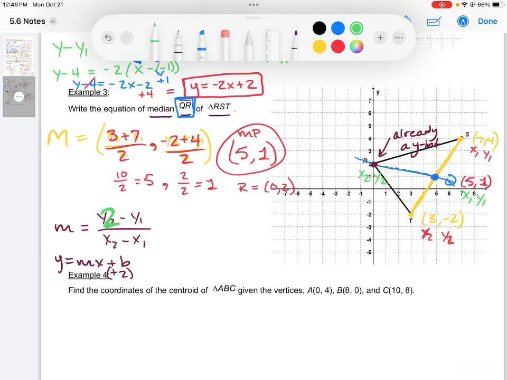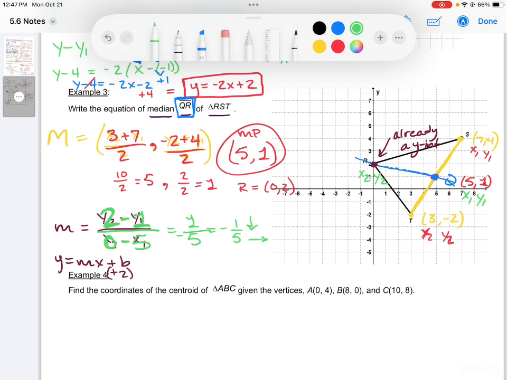So y2 is 2 minus 1 over 0 minus 5. 2 minus 1 is 1, and 0 minus 5 is negative 5. And so my slope is negative 1/5.